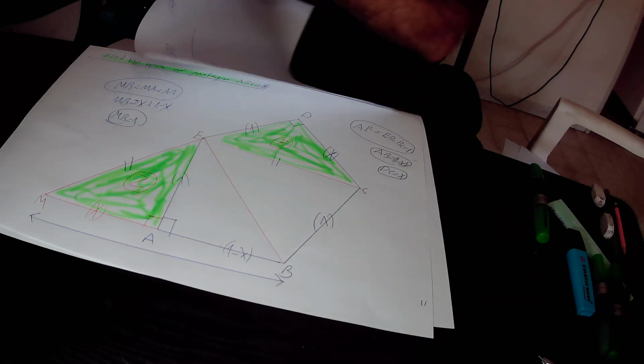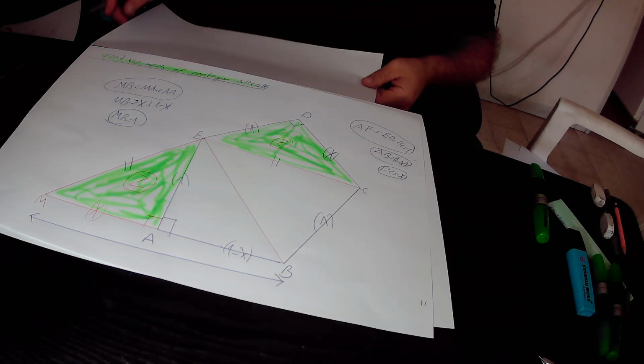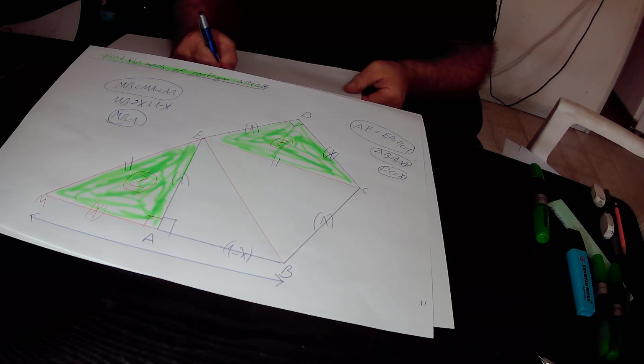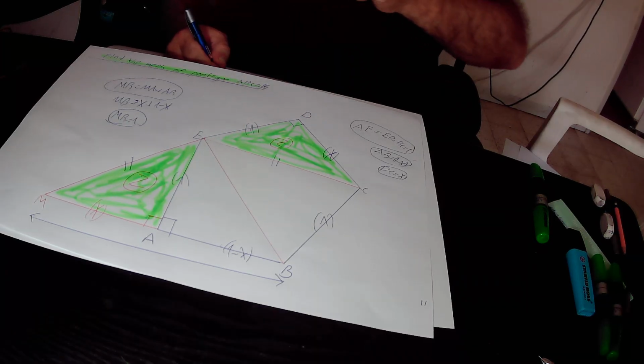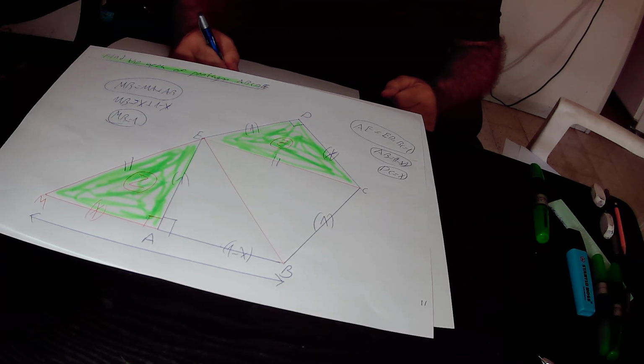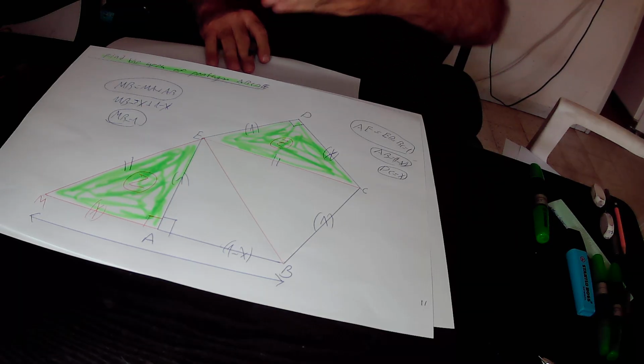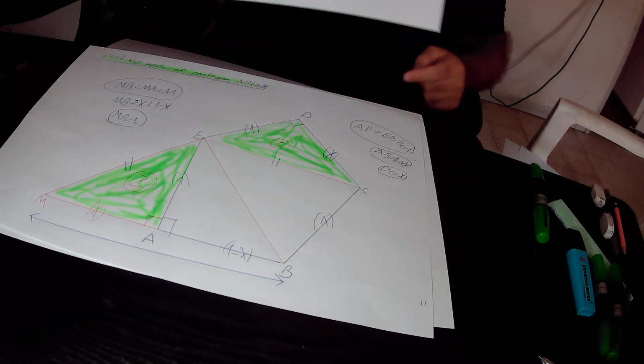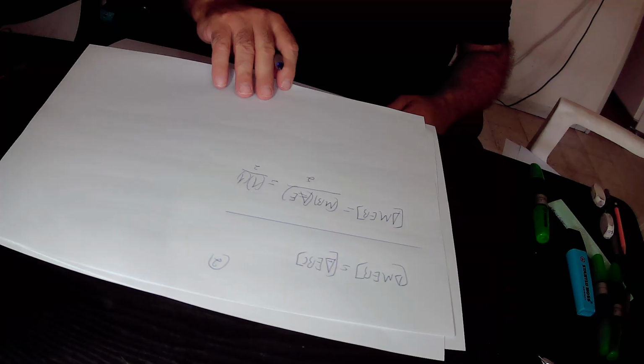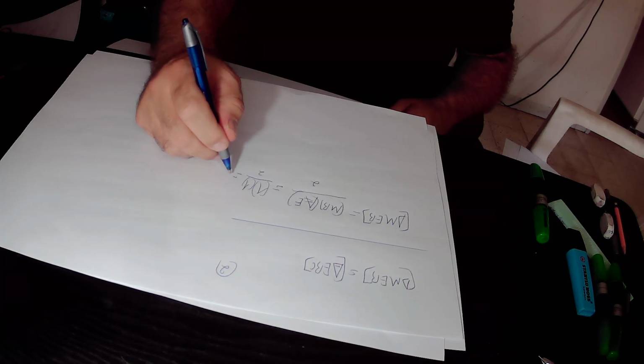We already found out that MB equals 1, times AE also equals 1 divided by 2. So in total, the area of this triangle MEB is equal to 1 times 1 over 2. 1 times 1 is 1, divided by 2.